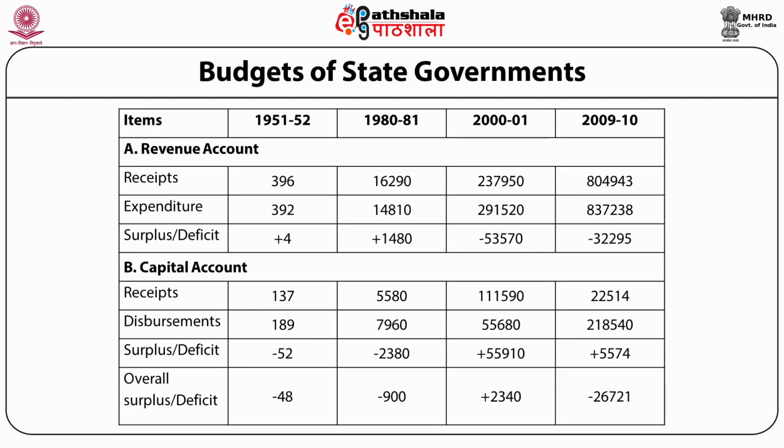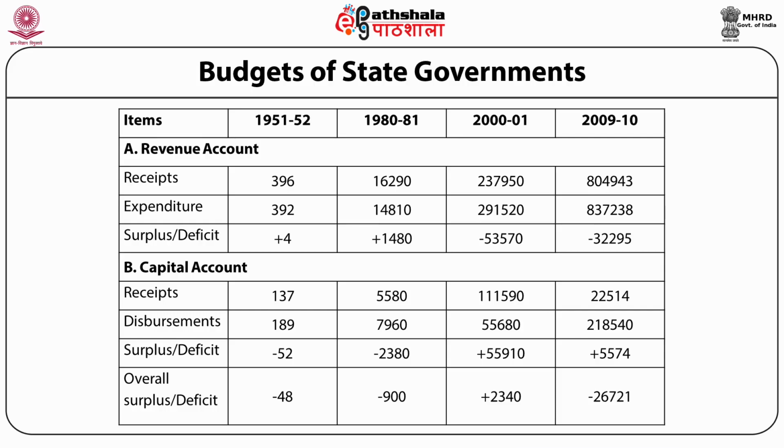Budgets for state governments. In India, each state government prepares its own budget of income and expenditure every year. The following table summarizes the budgetary position of the states since 1951-52. As we can see, the revenue account and the capital account details are given from 1951-52 up to 2009-2010.